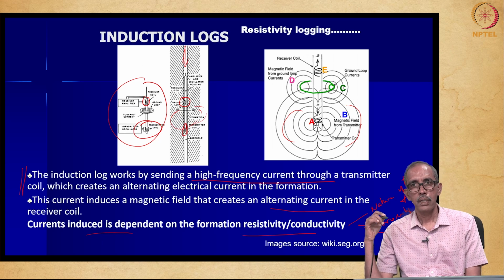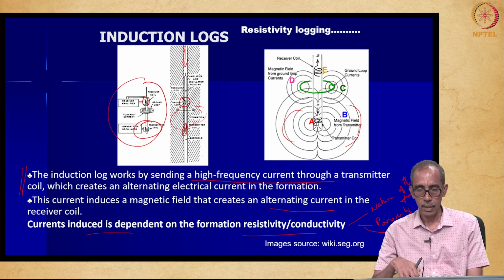So, these are the three major factors that control the resistivity or the conductivity of the formation.